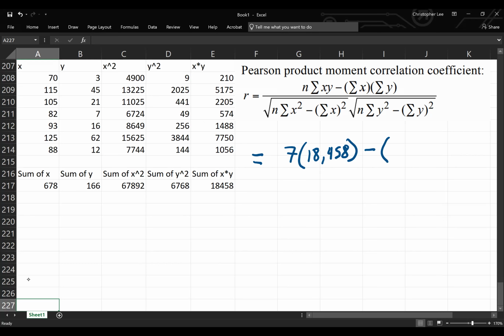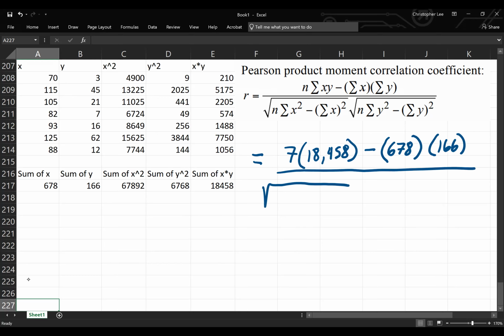Minus, what's the sum of x? That's the 678. What's the sum of y? That's the 166. Over the square root. What's the n? 7. What's the sum of x squared? Right there, that's the 67,892. Minus the sum of x, the 678 squared.